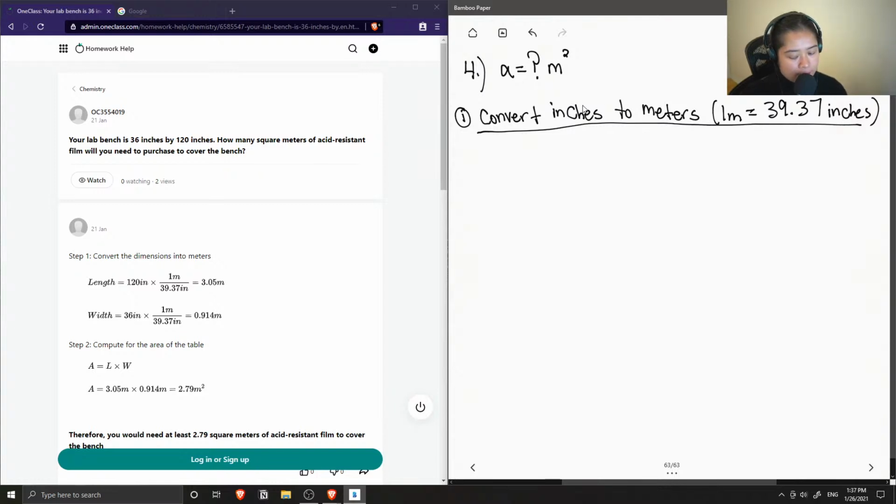Okay, so first let's look at our length. Our length is 120 inches. And then we just need to multiply by our conversion factor, having our desired units at the top, so 1 meter, and the units we're trying to get rid of at the bottom, so inches.